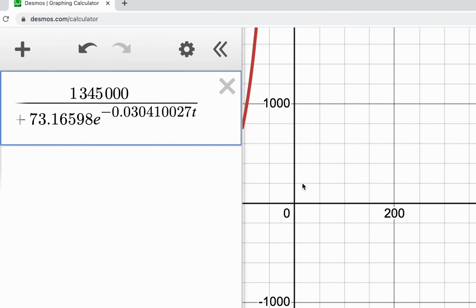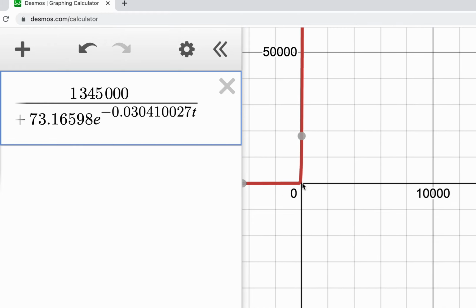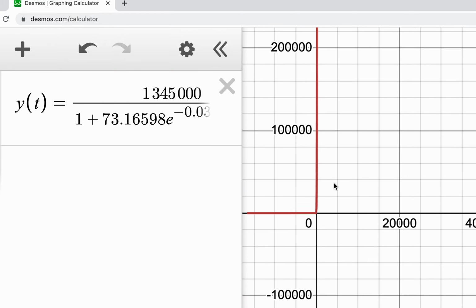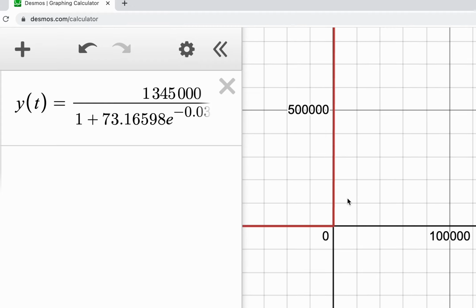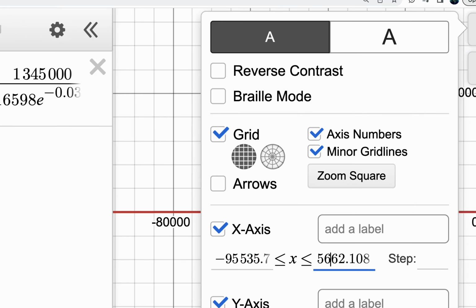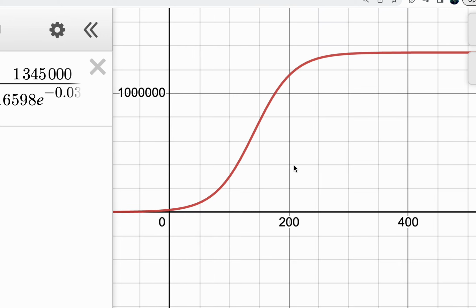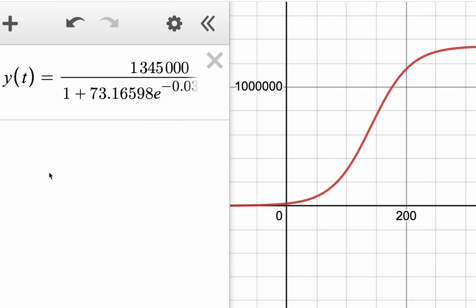So this should create the logistic function that models these cases. We want to see it level off at 1,000,000. Yeah, 1,300,000 cases there. We don't need to see that far in time. Yeah, that's better.